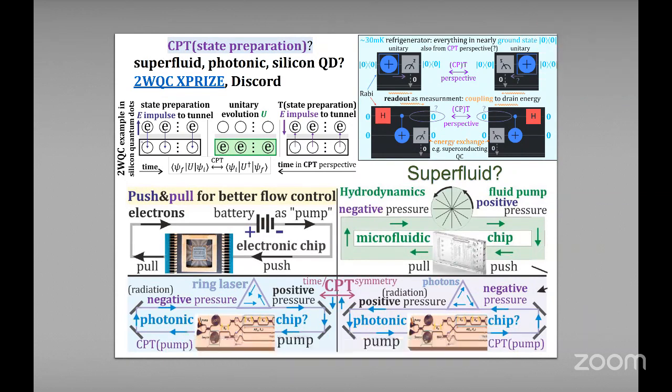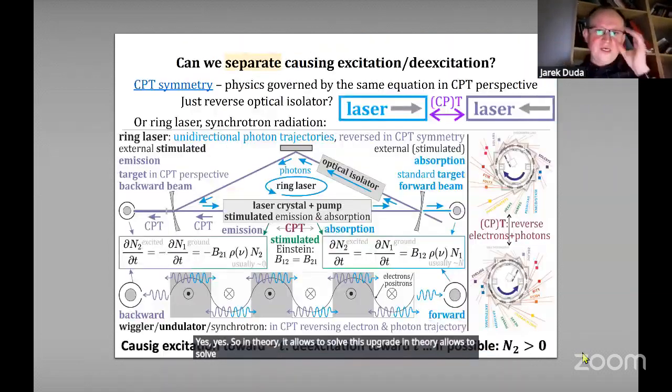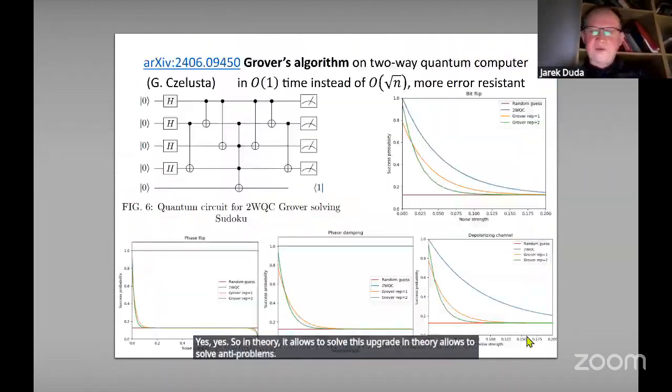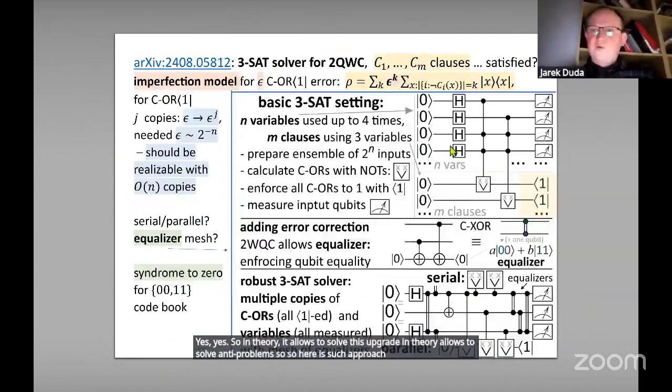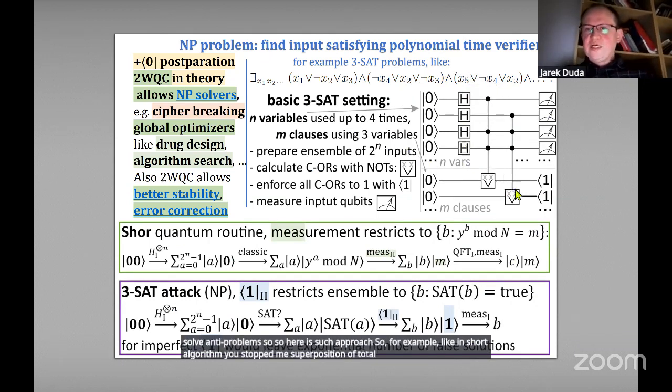Okay, how about dealing with P versus NP? Yes. In theory, it allows us to solve NP problems. Here is such an approach. For example, like in Shor's algorithm, you start with a superposition of all 2^n inputs.